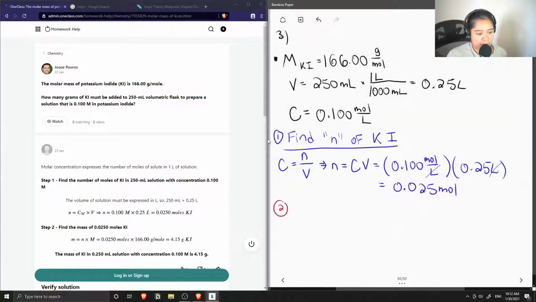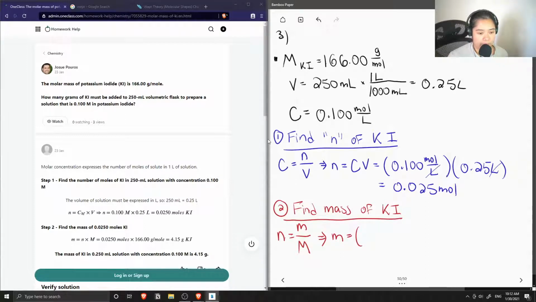Okay, so step 2 is to find the mass of potassium iodide needed for this solution. If we recall that the number of moles is equal to mass over molar mass, we can rearrange this equation to solve for mass.